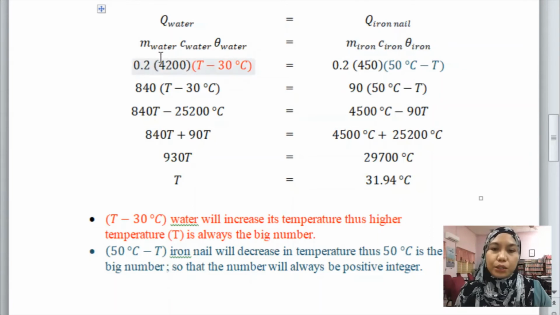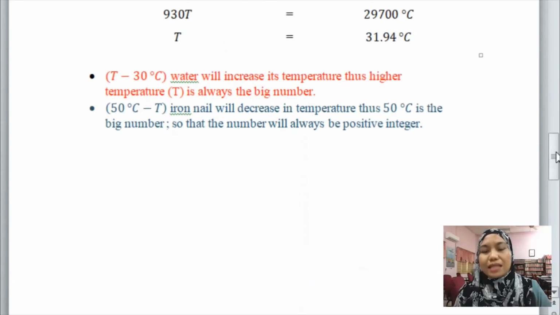So we substitute the values: 0.2, the specific heat capacity for water is 4,200, and then the change in temperature. For the change in temperature, these are our assumptions.